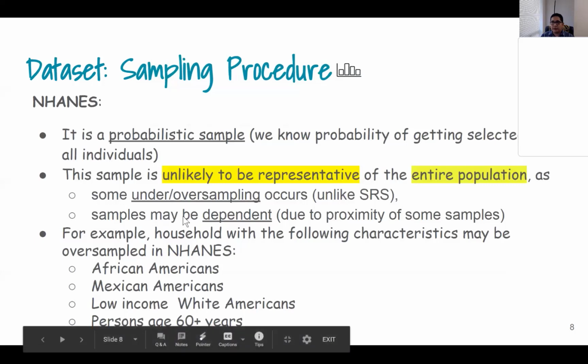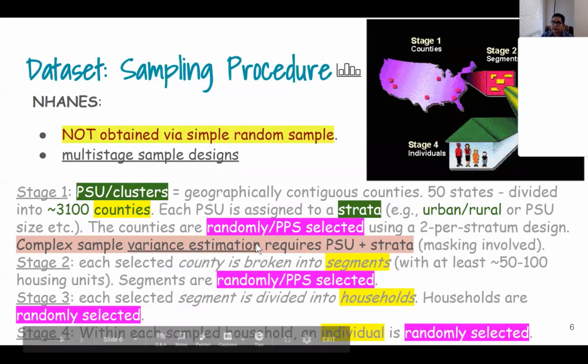And also samples are dependent in the sense that when we are dealing with these clusters, as you can imagine, if one cluster is selected in step 1, all of the stage 2, 3, 4 population are coming from that one PSU or the cluster. And so in the first stage, whichever cluster was not selected, none of the population has any chance of getting selected.